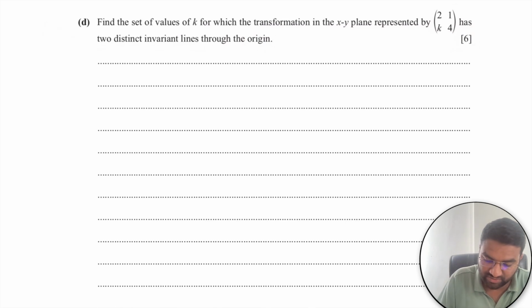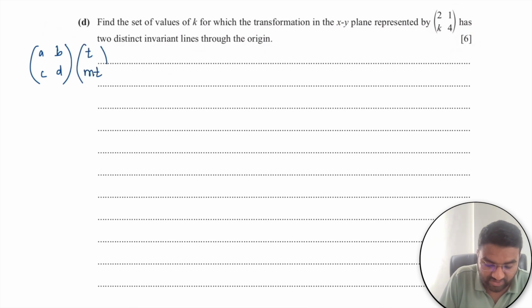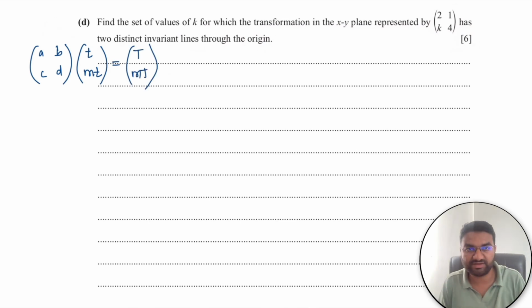Let's say for example we have points A, B, C, D, and an invariant point through which we have to find the line, that is t and mt. So m is the gradient, which is equal to capital T over t. So this is the conceptual part.